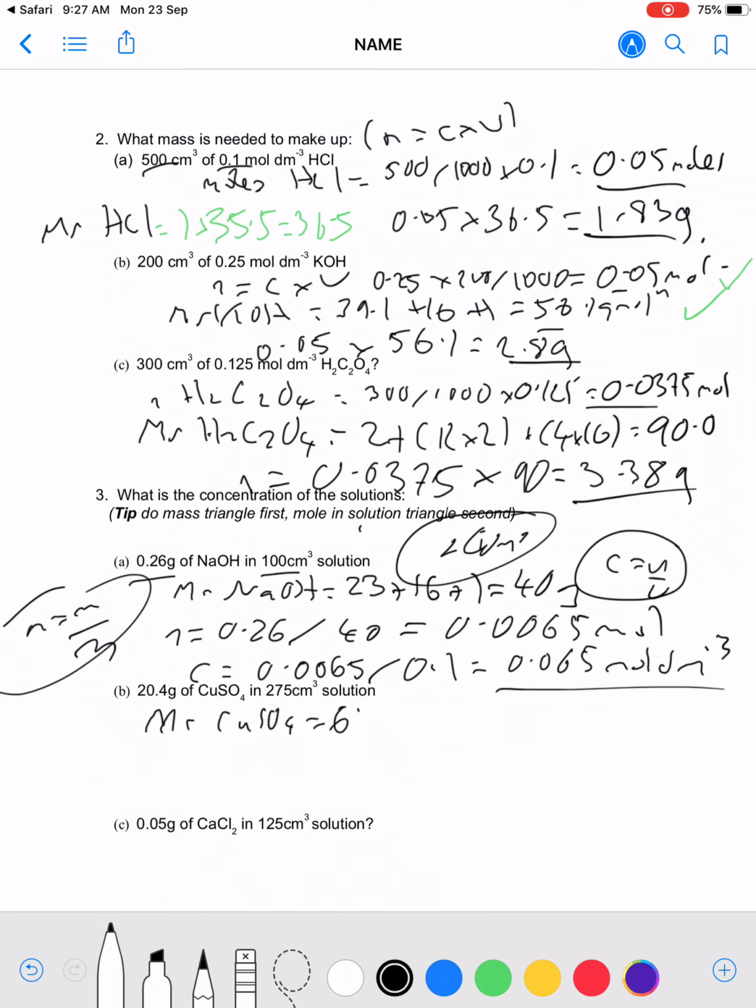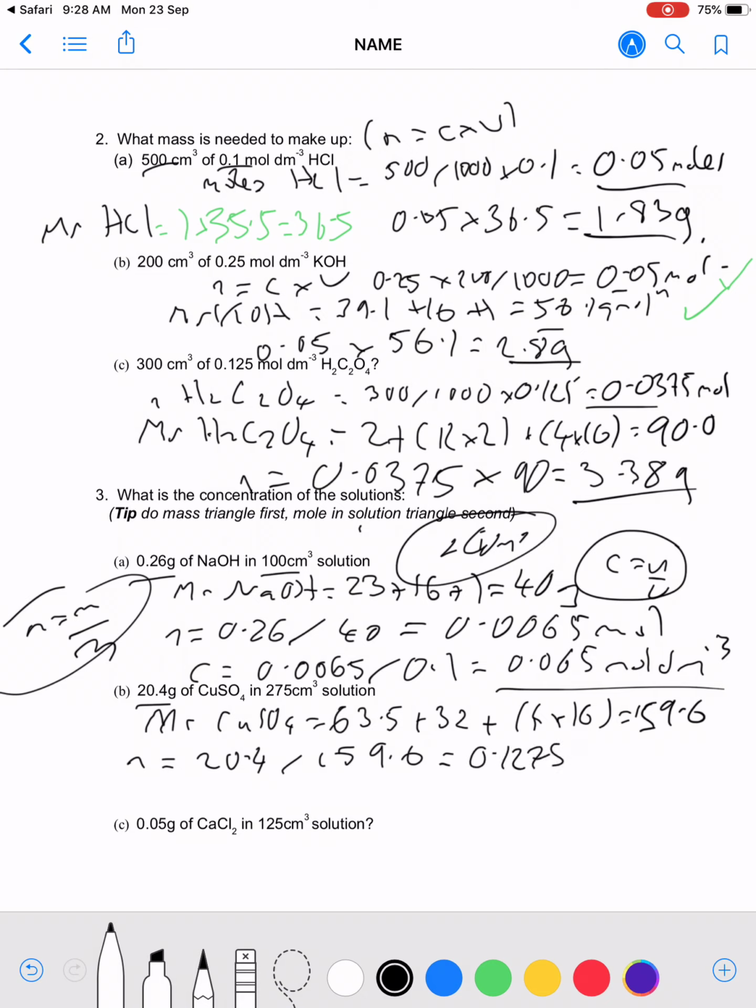Okay, the Mr of copper sulfate. Copper is 63.5, sulfur is 32, plus 4 times 16. I make that 159.6. The amount, moles is mass over Mr, so it's 20.4 given in the question, divided by 159.6, which I make 0.1278 moles.